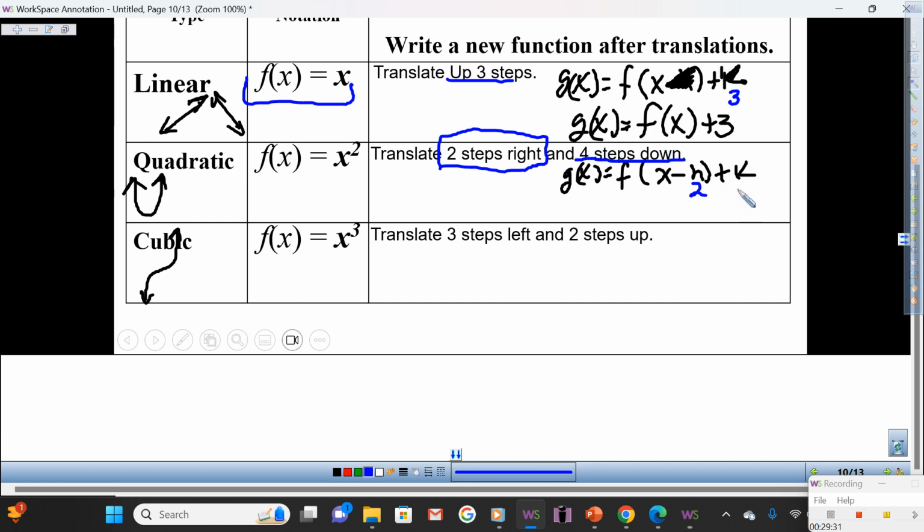But what do I write? Sorry, I couldn't hear. Minus 4, that is correct. So my new function is g of x equals f of x minus 2 minus 4. However, look up to the screen. What kind of function is this? Quadratic. So don't forget the little squared right there.